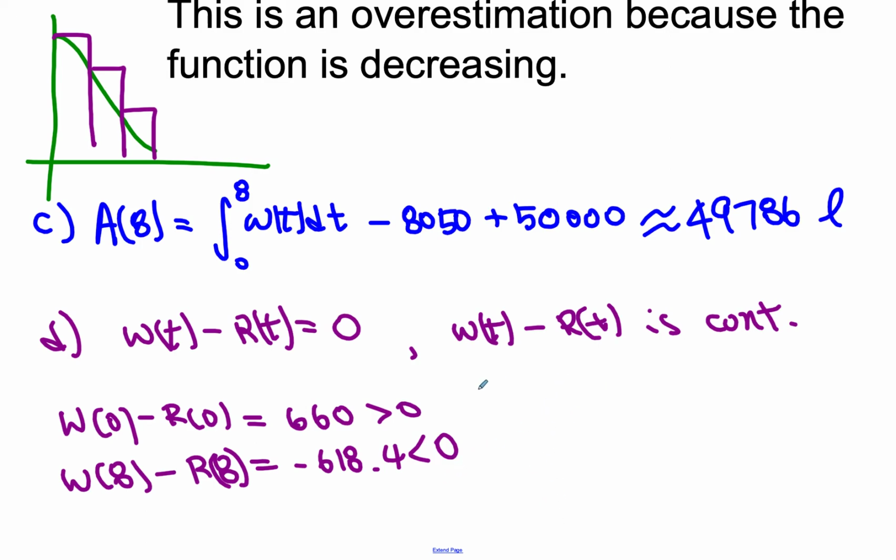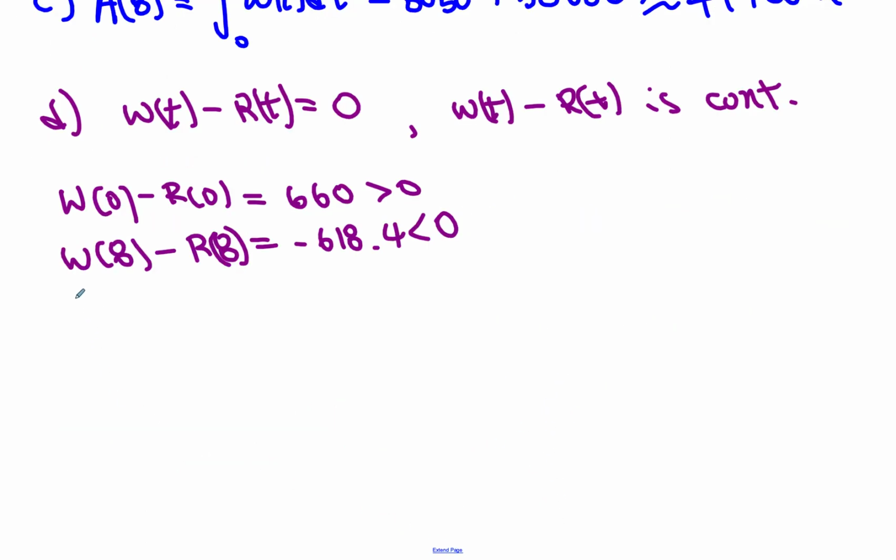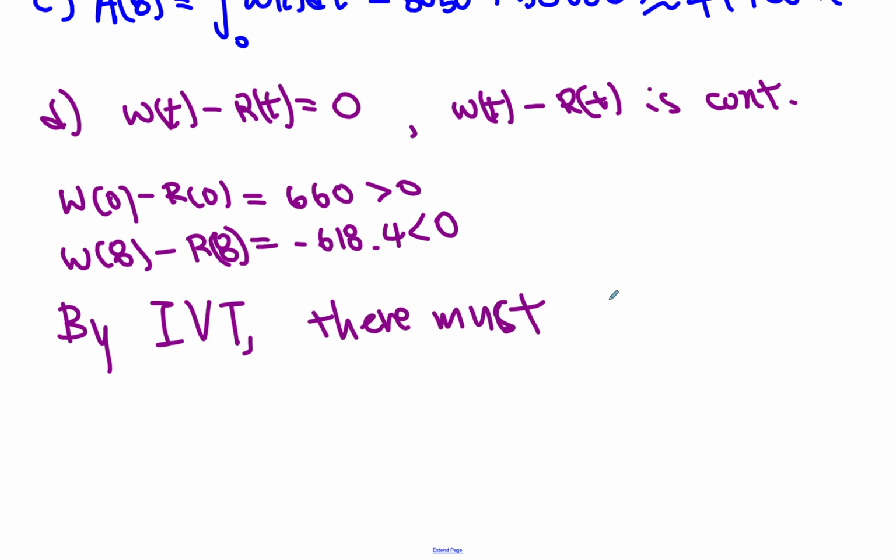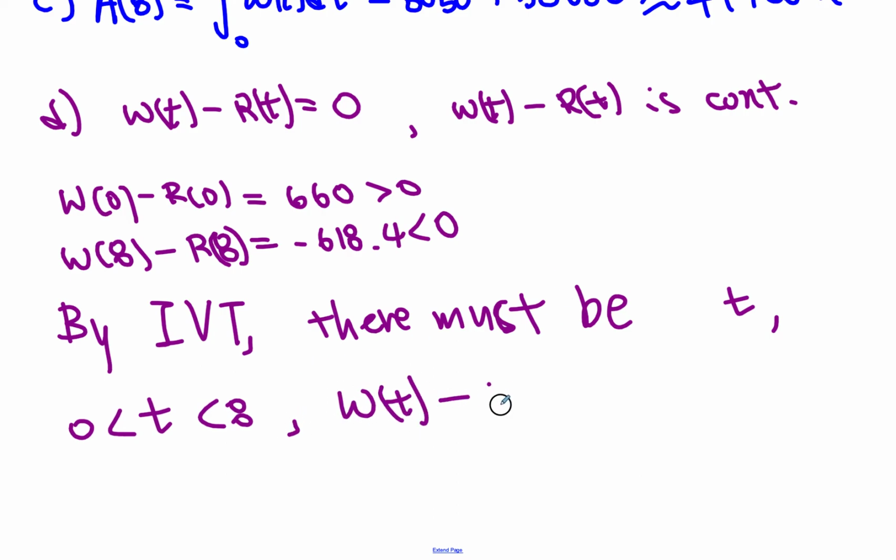Then we get to realize that by the intermediate value theorem, there must be a t, where t is from 0 through 8, because those are the two values which we test upon, where W of t minus R of t was equal to 0.